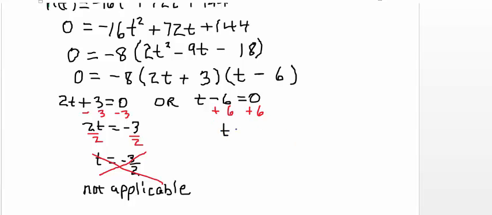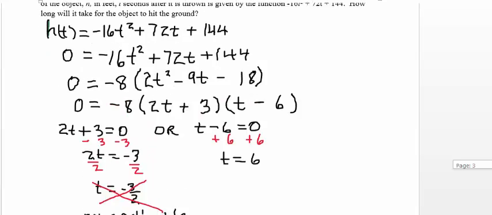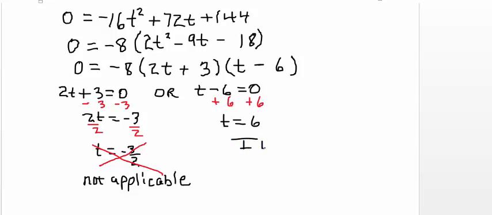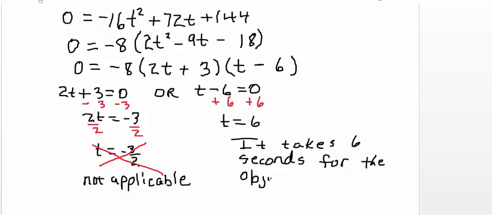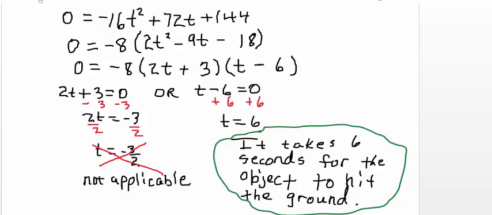But when I solve t minus 6 equals 0, I get t equal to 6. If I look back at the problem, t is in seconds. And we were asked, how long does it take the object to hit the ground? It takes 6 seconds for the object to hit the ground. And that's my final solution. In the application problems, I want to answer with a complete sentence.